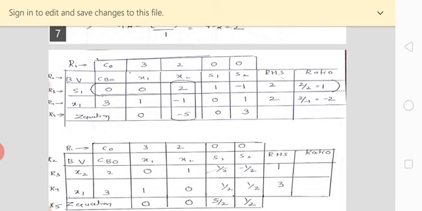For R3 under the key column, that is x2, that value is now 2. That 2 is going to be divided into RHS. 2 by 2 is equal to 1. Similarly, minus 1, that will be divided into RHS value, that is 2. 2 by minus 1 is negative, so ignore it.